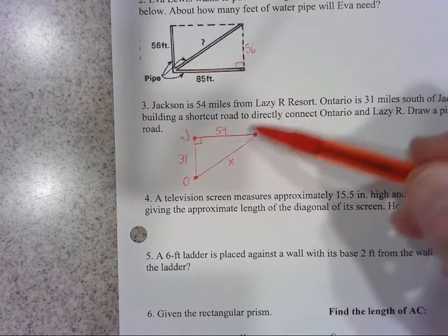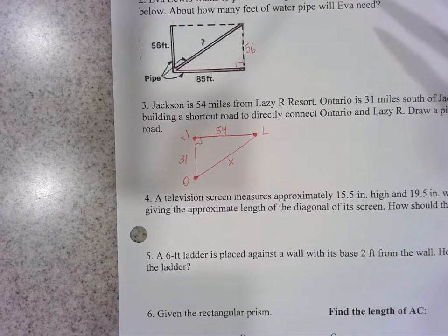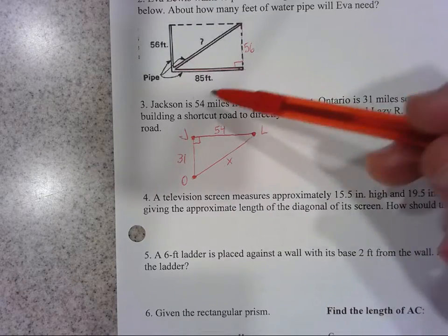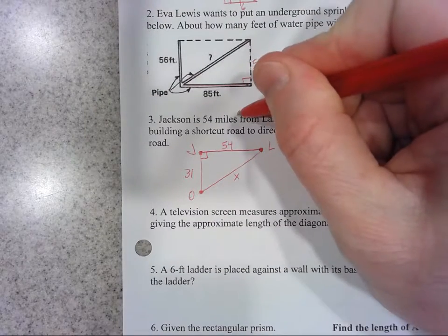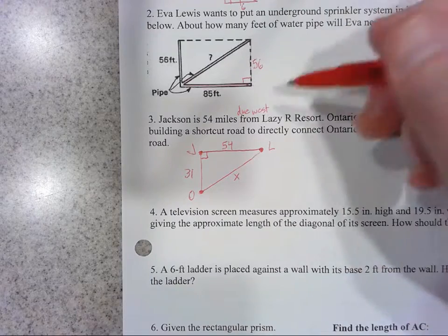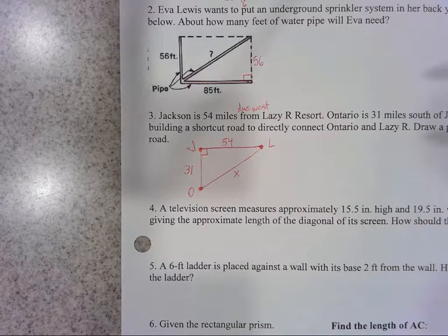Otherwise we wouldn't have enough information to find it. This is a common type of problem where it would say Jackson is 54 miles due west from Lazy R Resort. Sorry about that missing piece.